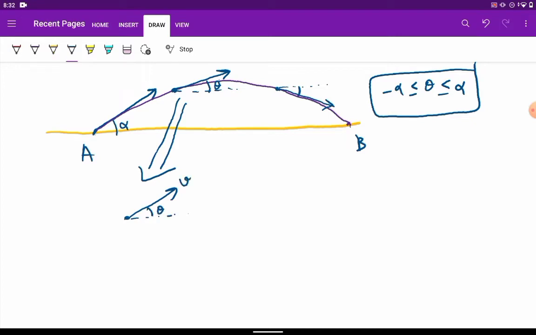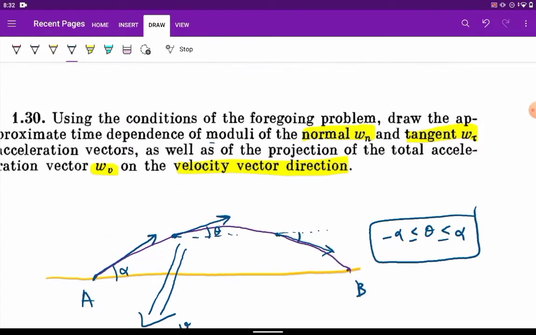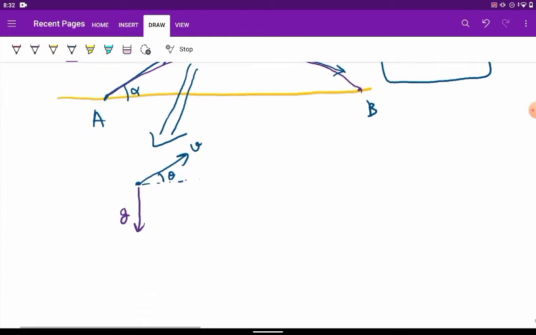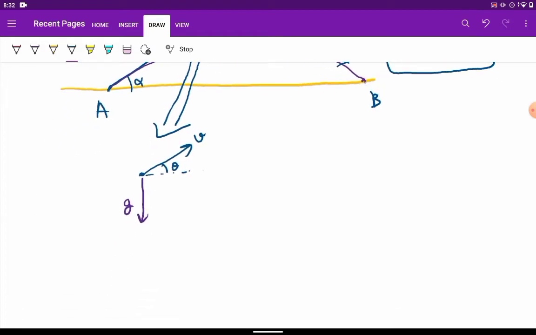So some v, okay. The acceleration is downwards g, right? Now first of all they're asking just the moduli, okay? Moduli means just the positive magnitude basically.